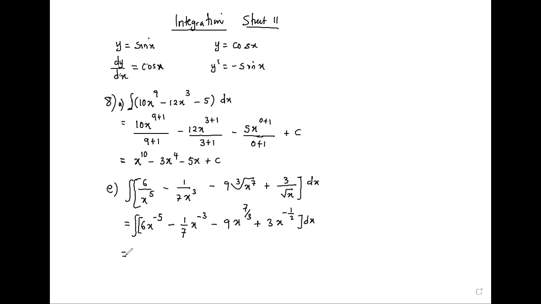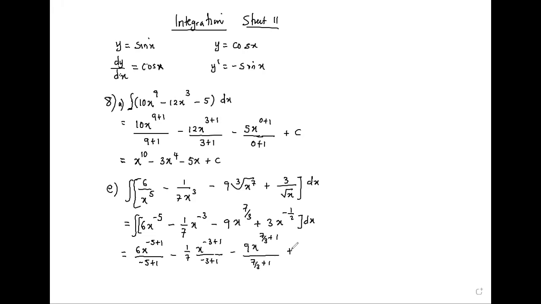And then now we start adding 1 to the powers that we have. So we have 6 x to the minus 5 plus 1, and then we divide by what we get. Minus 1 over 7 x to the minus 3 plus 1, then we divide by what we get. Minus 9 x to the 7 over 3 plus 1, then we divide by what we get.